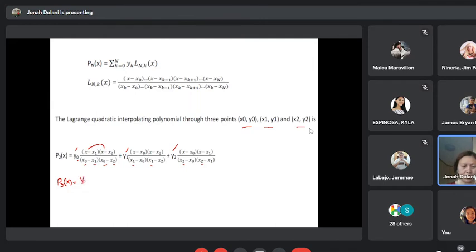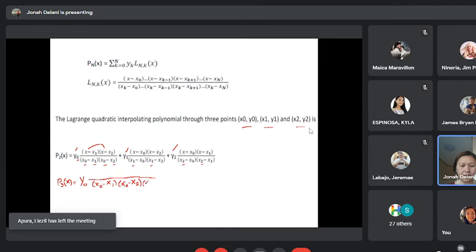So the first term would be y of 0 times the expression: x of 0 minus x of 1, x of 0 minus x of 2, x of 0 minus x of 3, right?